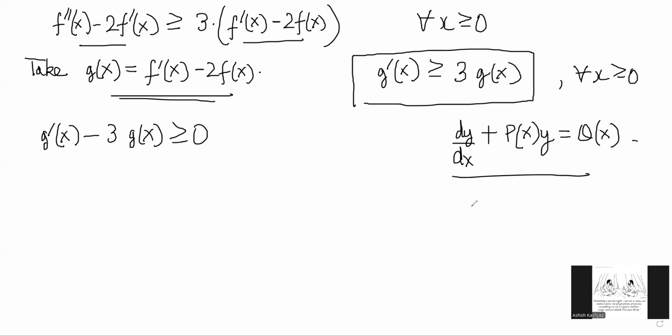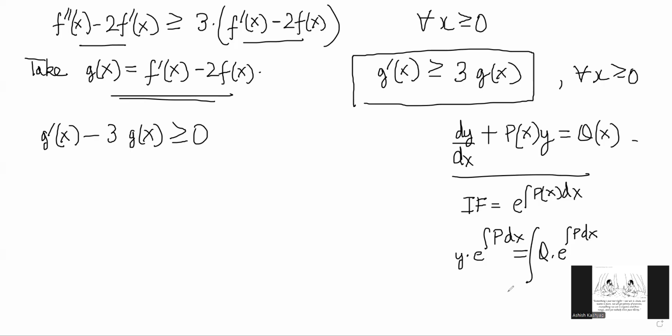Here, if you multiply by the integrating factor e power integral p dx, the left hand side will become y times e power integral p dx, equal to q into e power integral p dx, integrated. This is the solution of the differential equation.